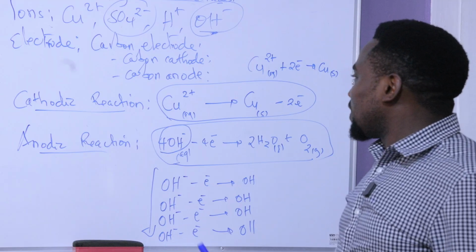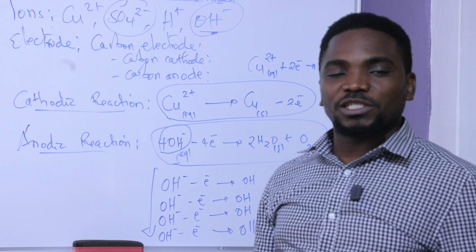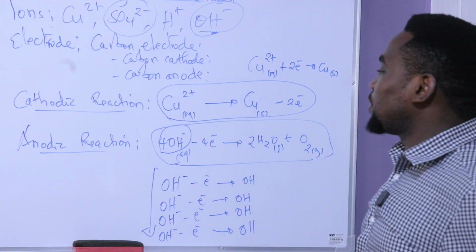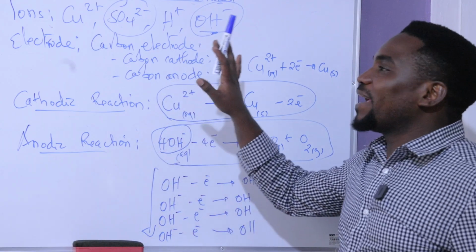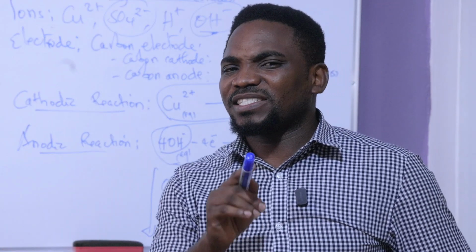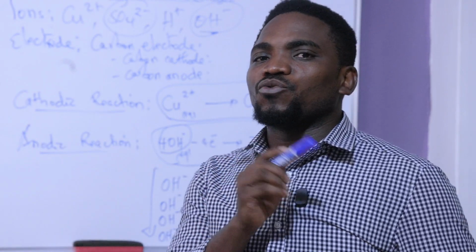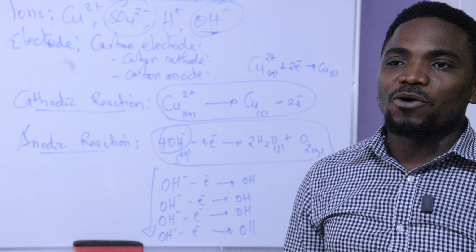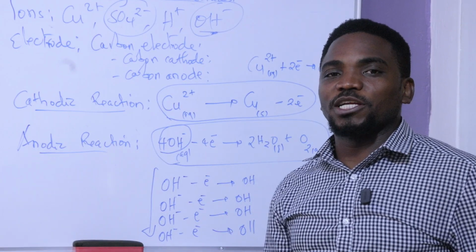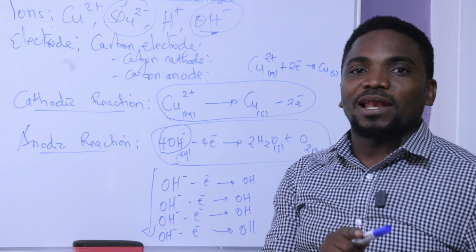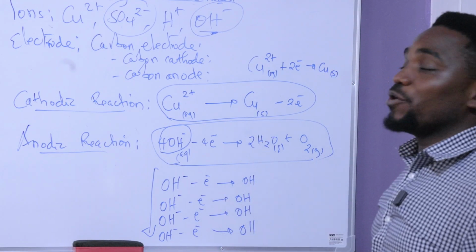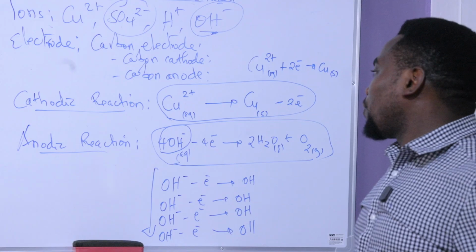Because there is no formation of the copper ions responsible for the blue color, it means that after the end of this reaction, the blue color will fade away. That is contrary to what we were talking about in the previous session. In the previous session, we said the blue color will continue, but in this session, the blue color will not continue, just because there is no formation of copper ions at the end of this reaction.